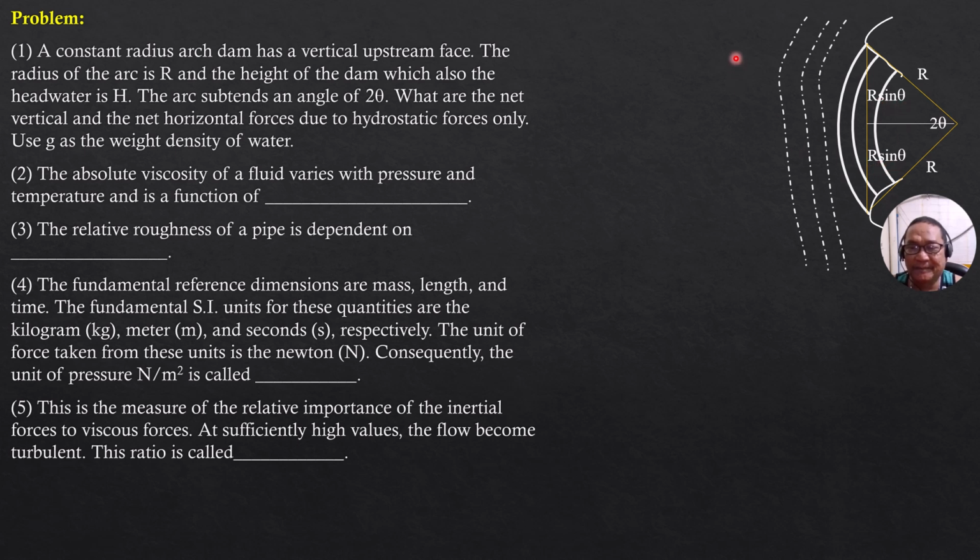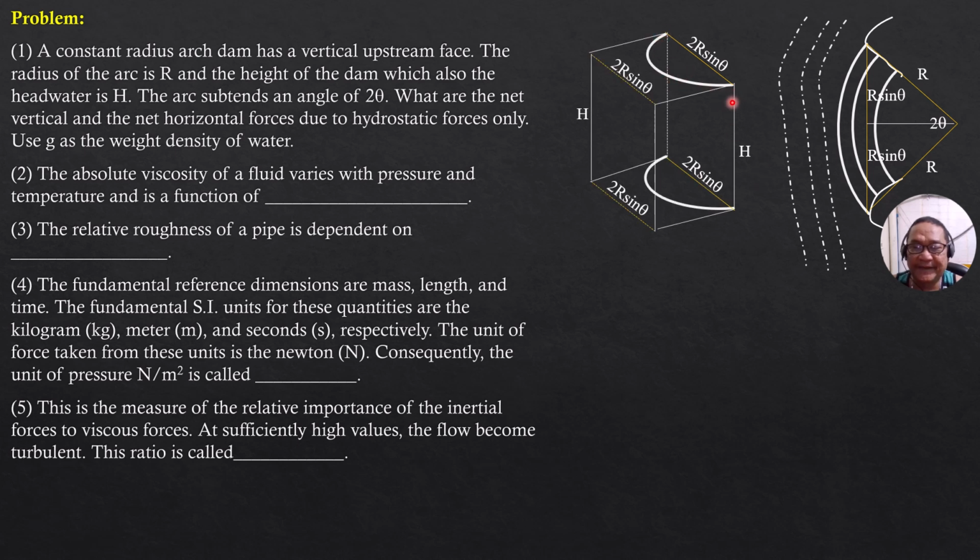So for the pictorial view of the arc, so that we can have the vertical projection of the circular surface of the arc dam, this is 2R sine theta, R sine theta plus R sine theta. Let's project it. This is the height of water, and this is the vertical projection of that arc, which is a rectangle with base dimension 2R sine theta and the height is H. So the two forces are vertical.